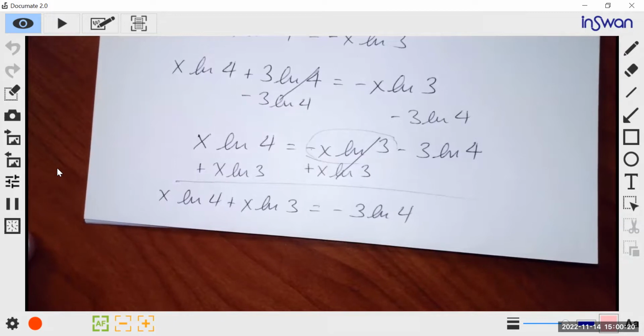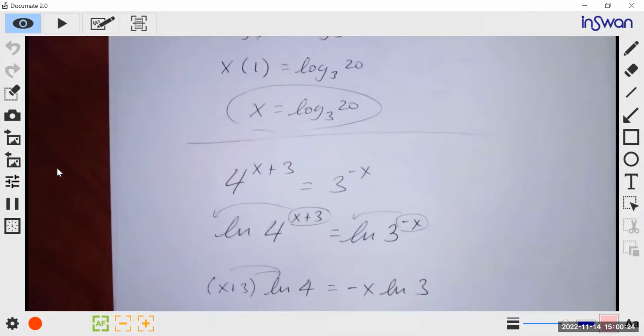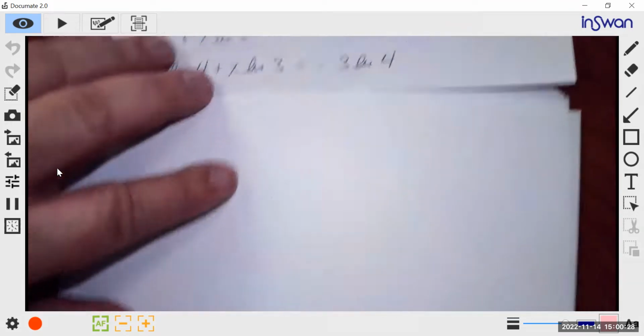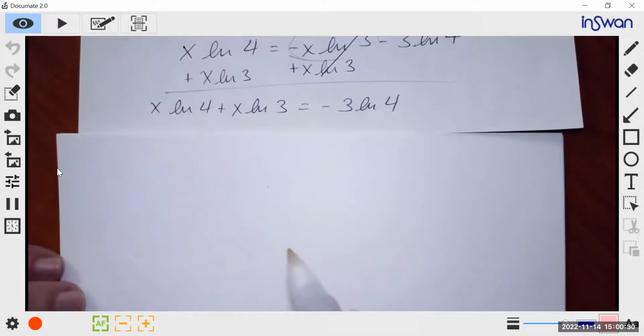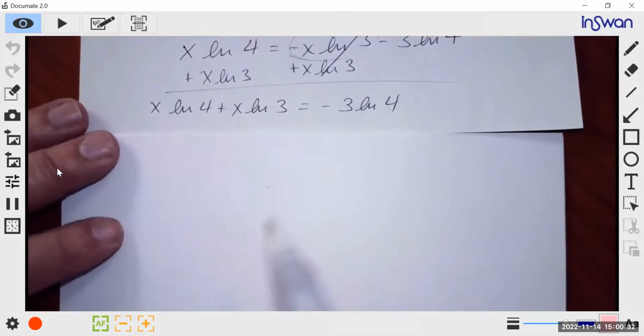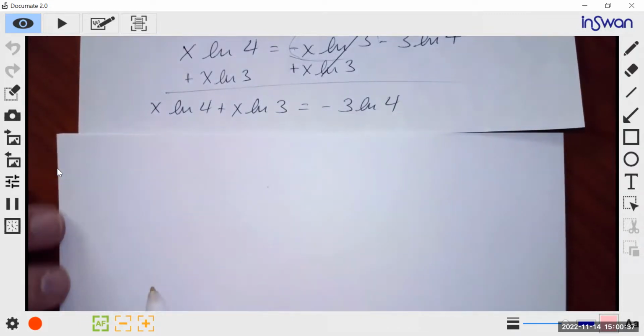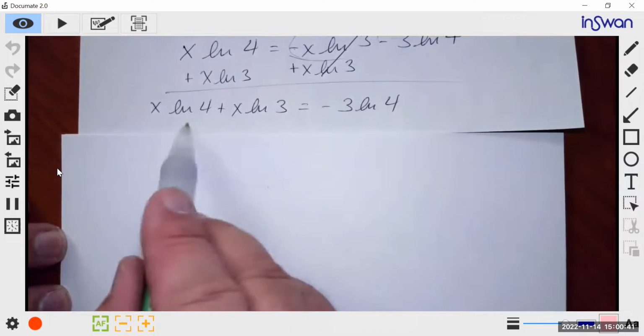Remember, we're solving for x. So what can I do next? Look on the left side. Can we factor anything out? Do they have anything in common?